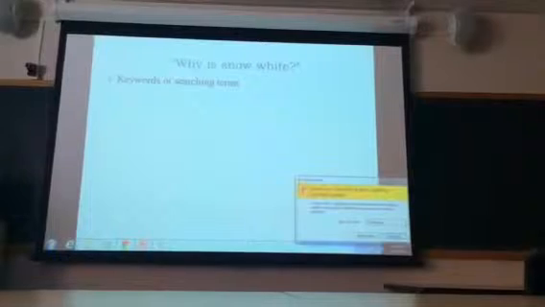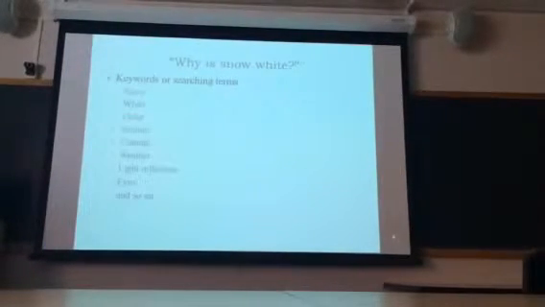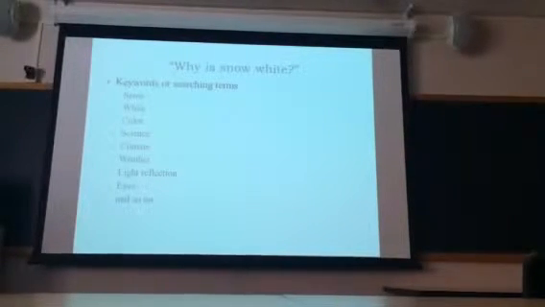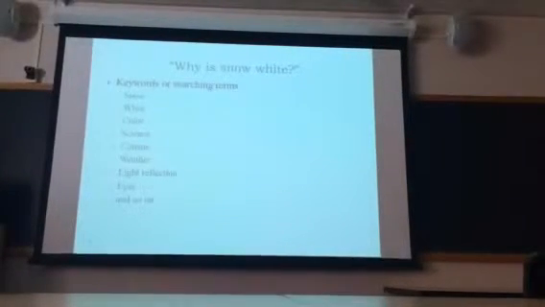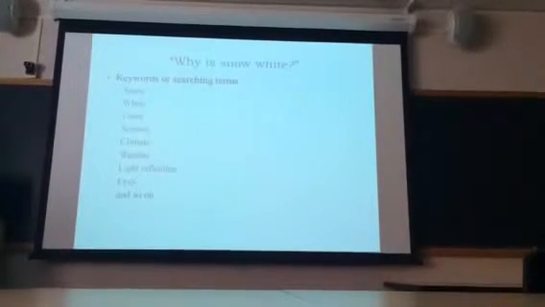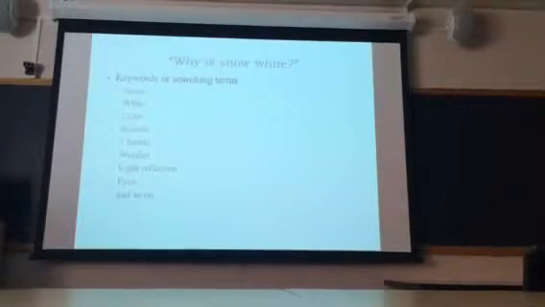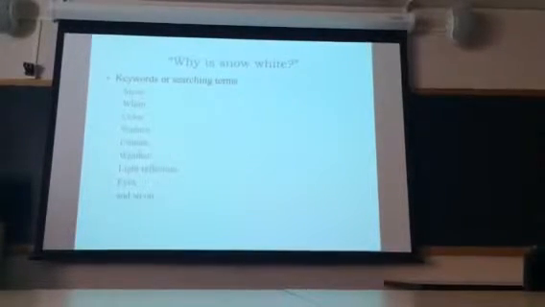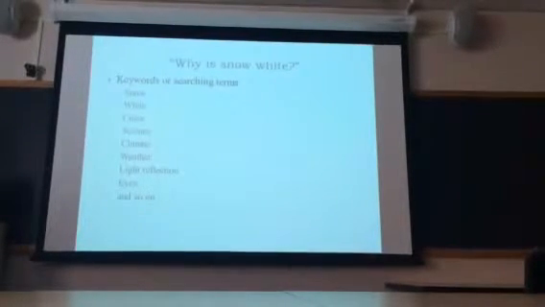So this is the example: snow, white color. It may be related to science or weather, or if you know something about the answer, maybe light reflection or eyes. So you will type those keywords in the searching box to search the information.